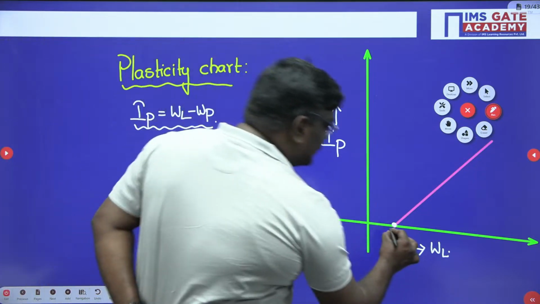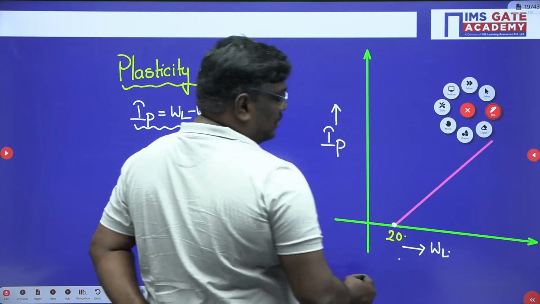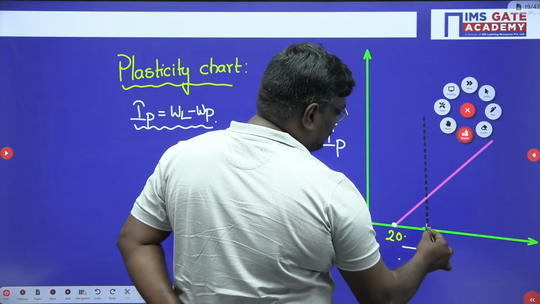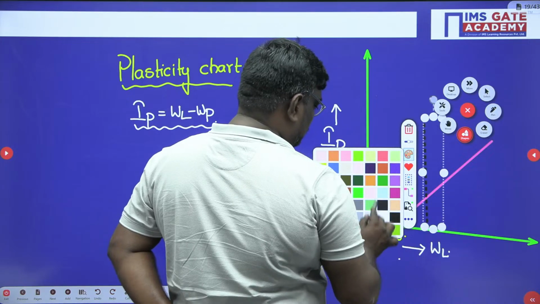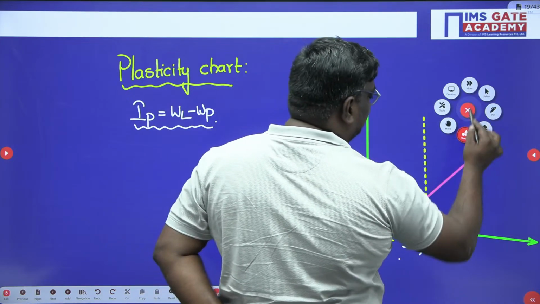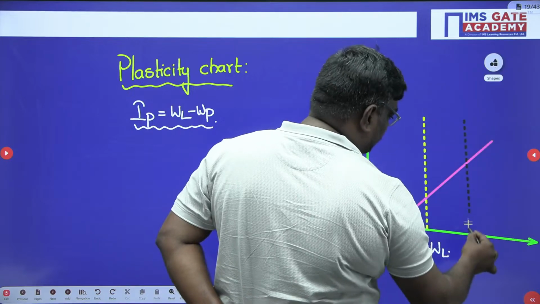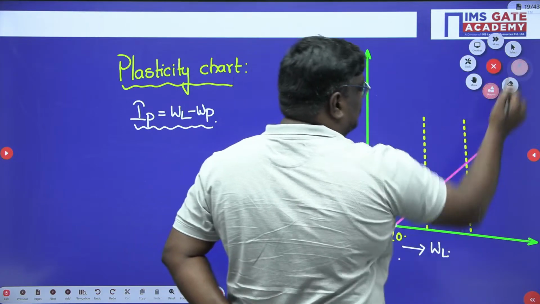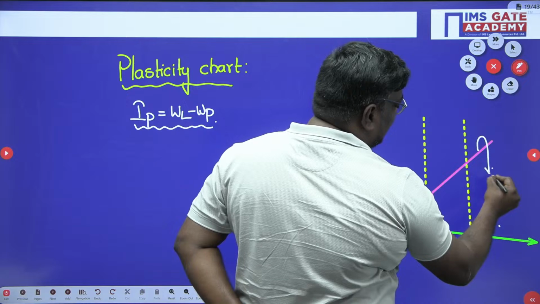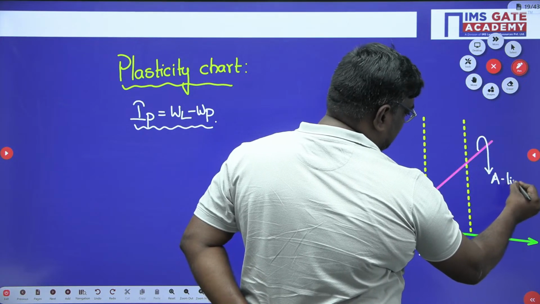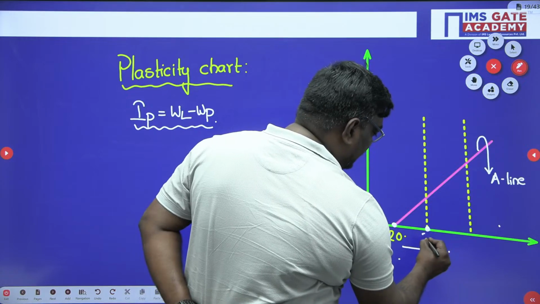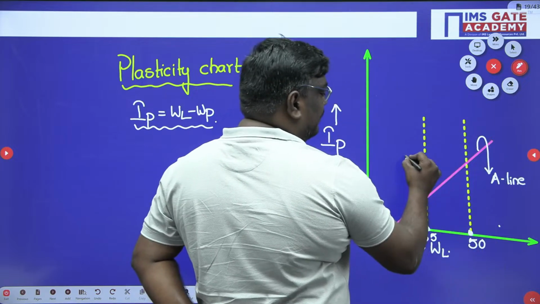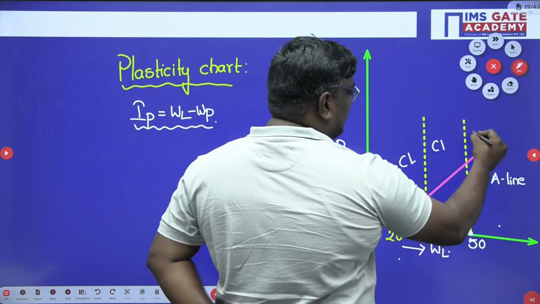So here this value is given as 20. Now see, students, we call this the A line. Here this value is 35 and here we have 50. Above the A line we call it clay: CI, CH.